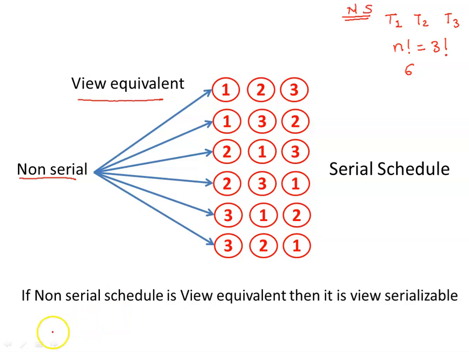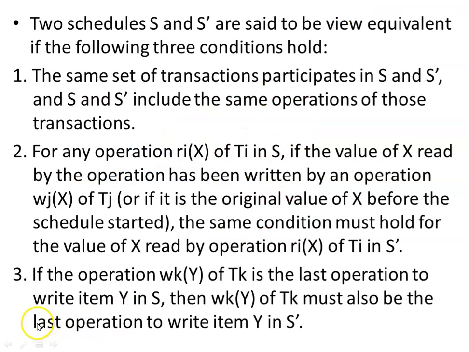So the algorithm is pretty simple. We have only 3 steps over here. Two schedules S and S dash, one a non-serial schedule and the other a serial schedule, are said to be view equivalent if the following 3 conditions hold. The first condition says that the number of instructions should be the same in both the schedules.